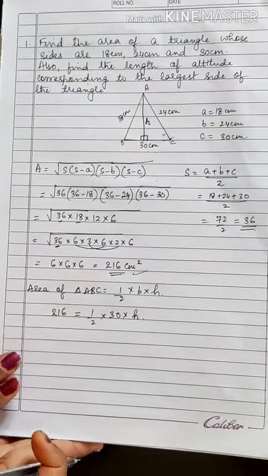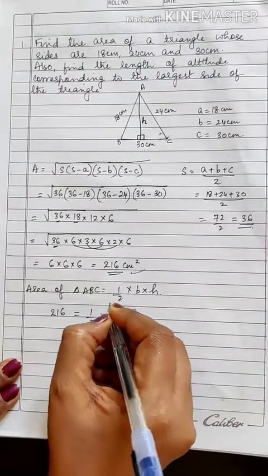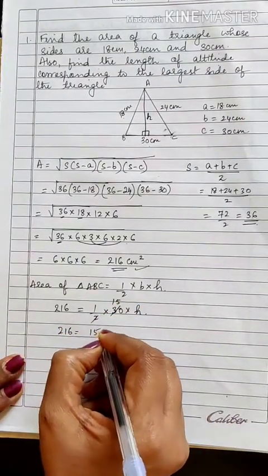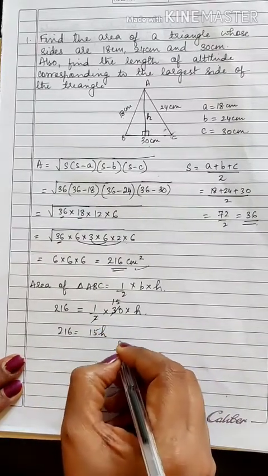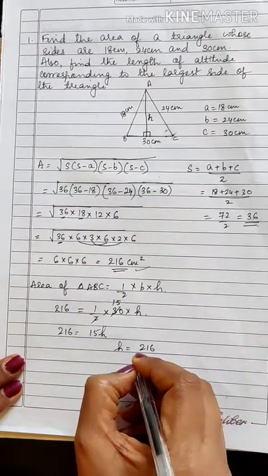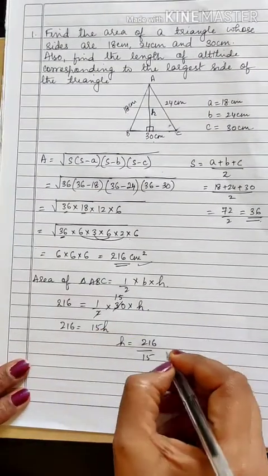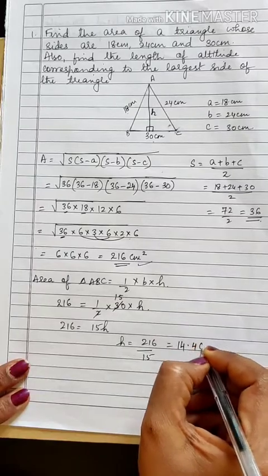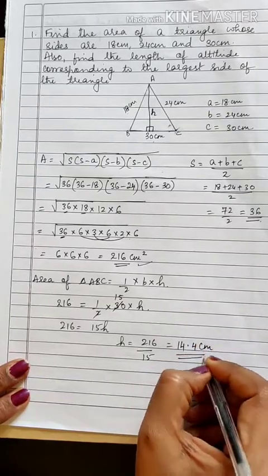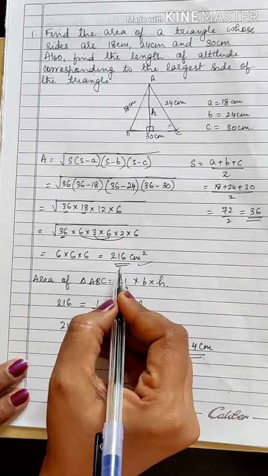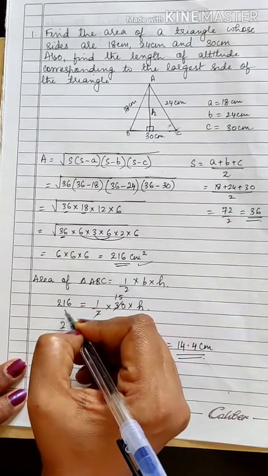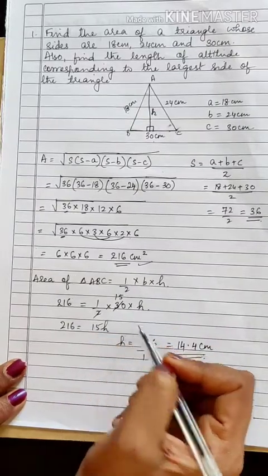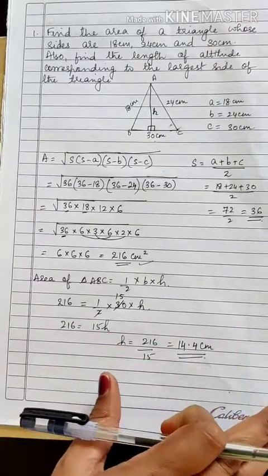Now we will find the height. This becomes 15. So 216 is equal to 15h, or h is equal to 216 by 15, which is equal to 14.4 centimeter. So here we know the area of triangle ABC, which is equal to 216, and using that we are finding the height of the respective altitude.